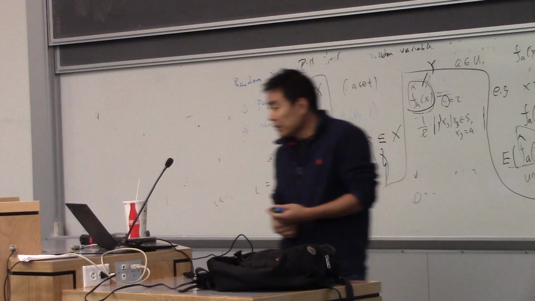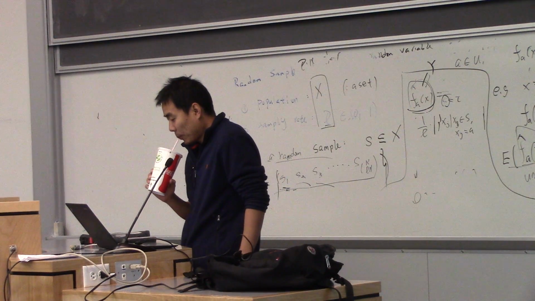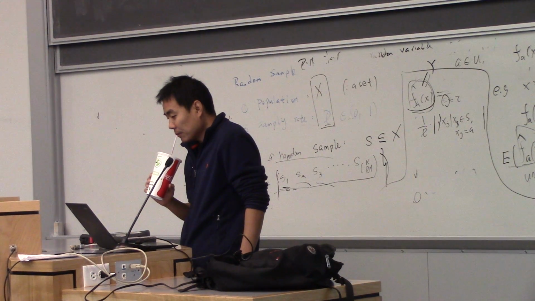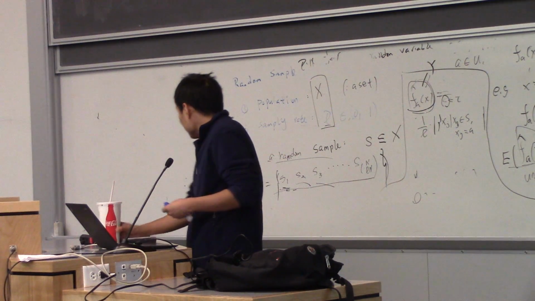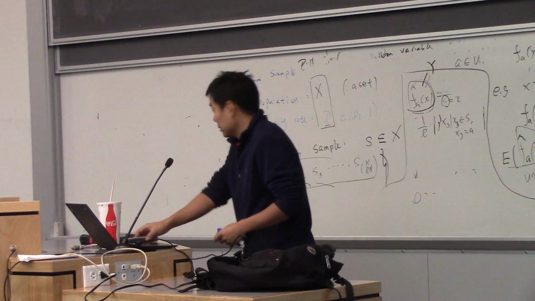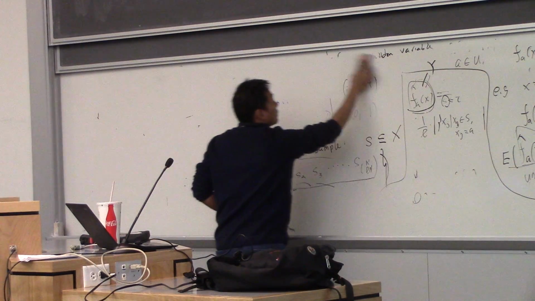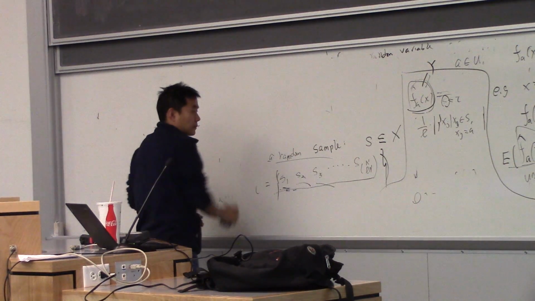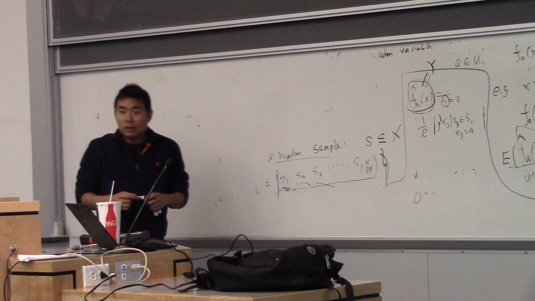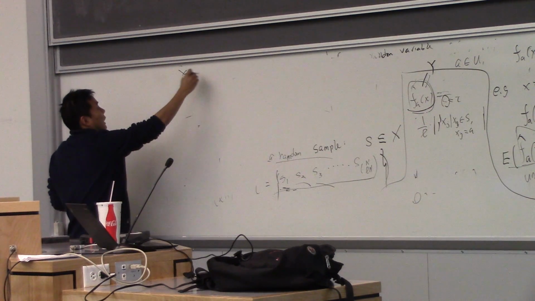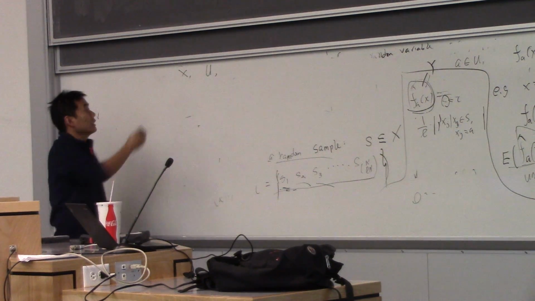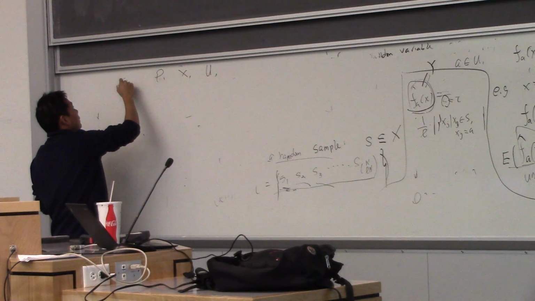Now, what I will do is, so what's given? You are given a set X, you are given a universe U, you are given a sampling rate rho. These are given, right?